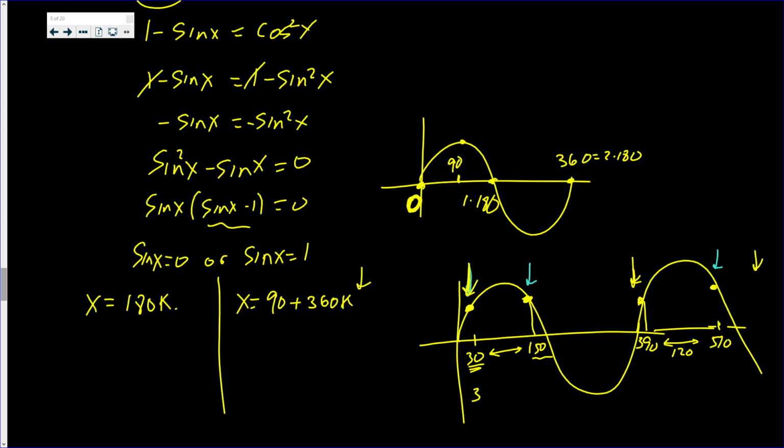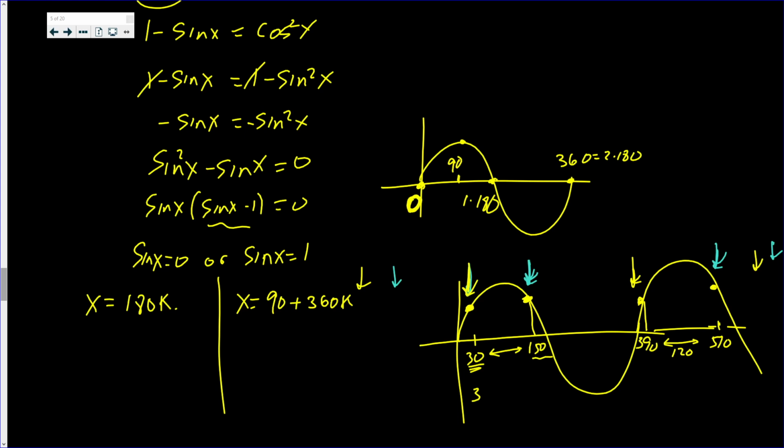But the other ones started with 150, or I can pick 150 as the starting point, and then it's 150 plus 360, and then plus another 360, or 150 minus 360.